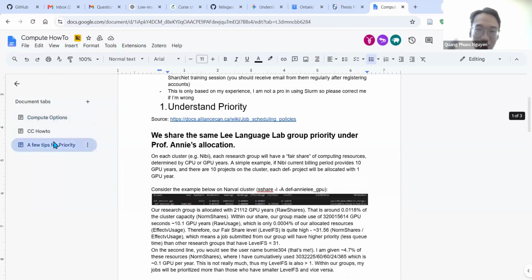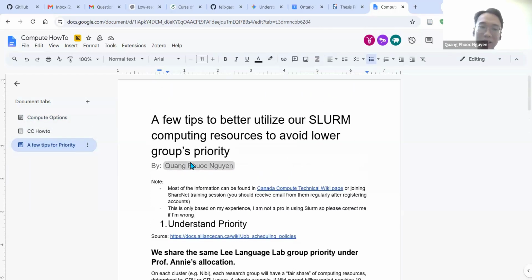So in the latest document tab where I am editing and I'm still modifying it, feel free to correct me if I'm wrong or add some more information that you think can be helpful for your colleagues.